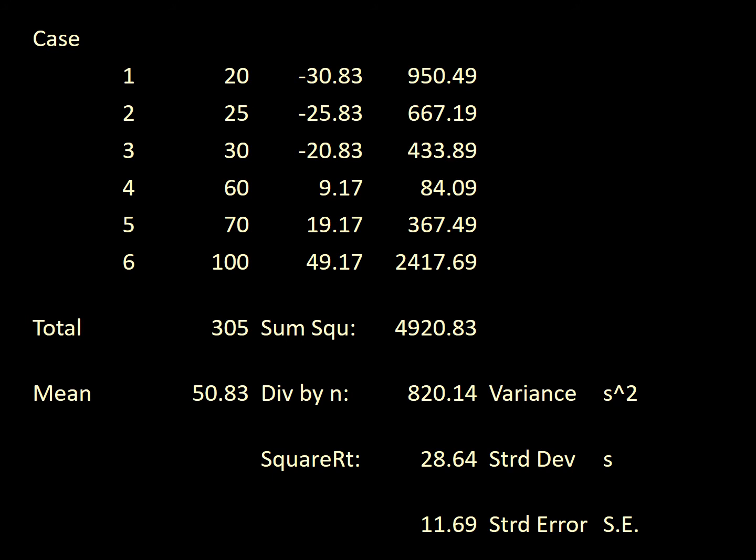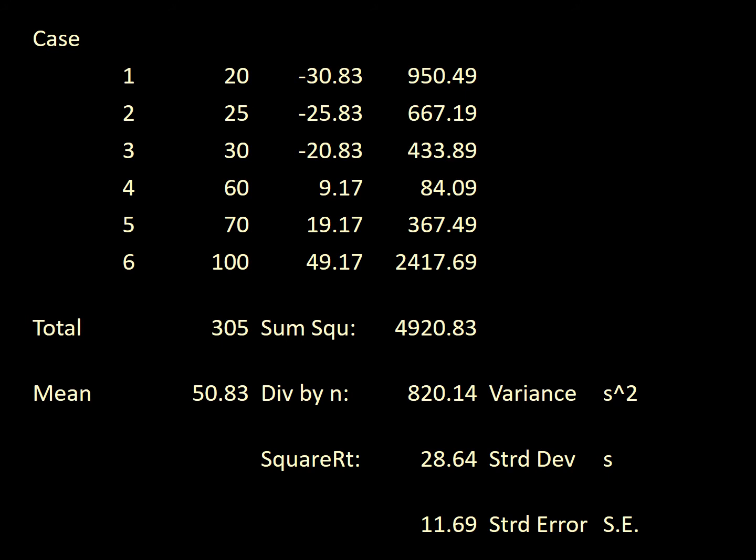For case 2, we have 25 minus 50.83, and that leaves us minus 25.83. Case 3, we have 30 minus 50.83 is equal to minus 20.83. And then we have 60 minus 50.83, which leaves us 9.17. And then 70 minus 50.83, which leaves us 19.17. And then 100 minus 50.83, which leaves us 49.17.